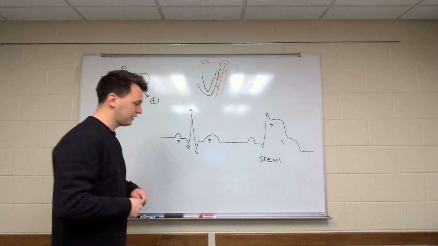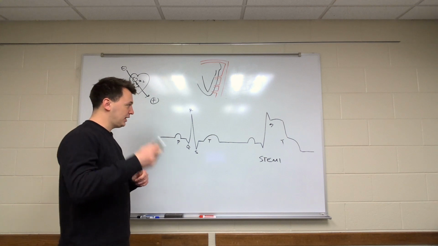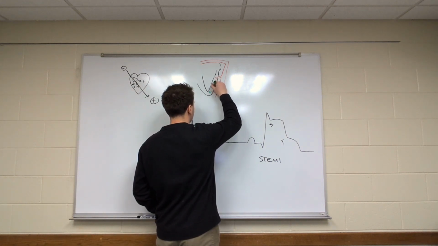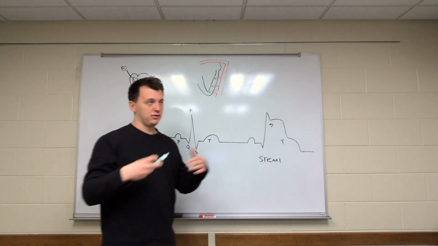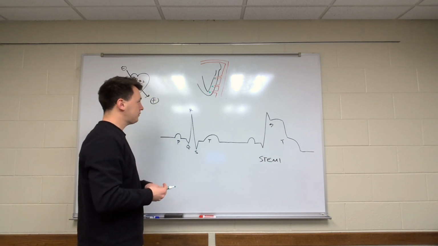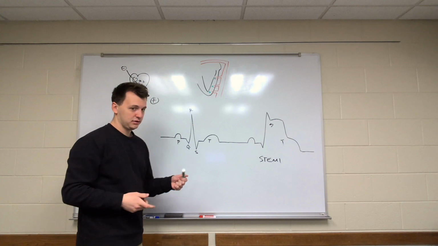And we have these other things called endocardial myocytes. So there are these cells right here. I'll just call them cells. They're within the muscle of the ventricle, the myocardium. And they need blood.